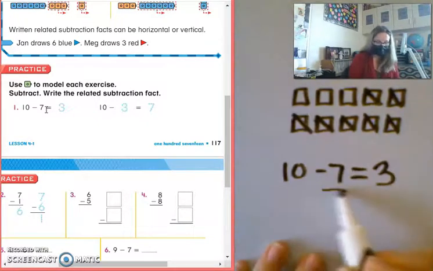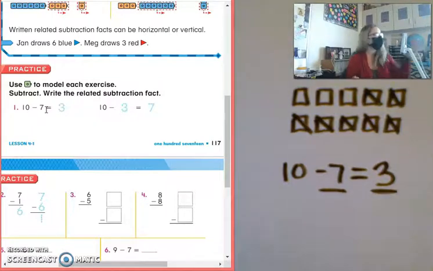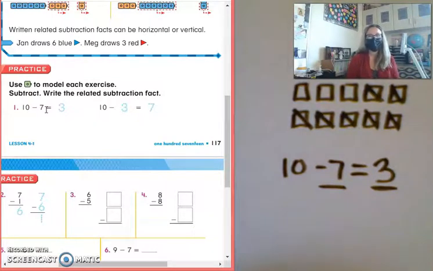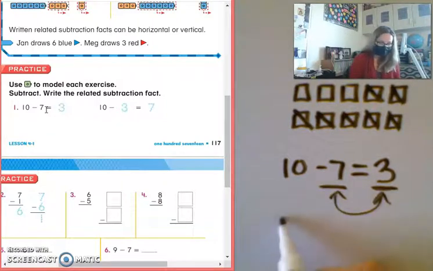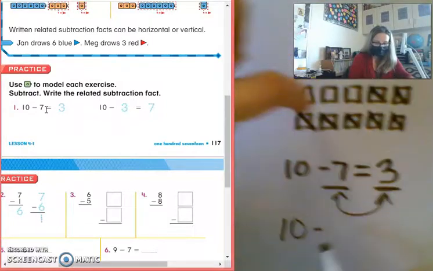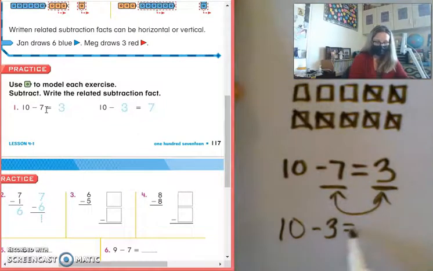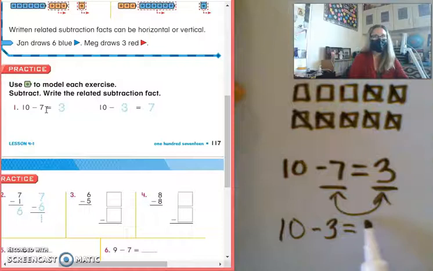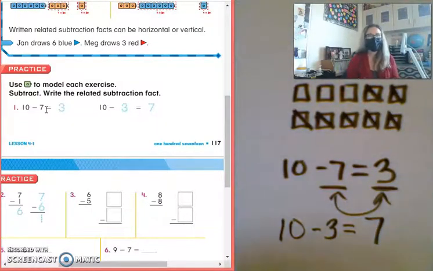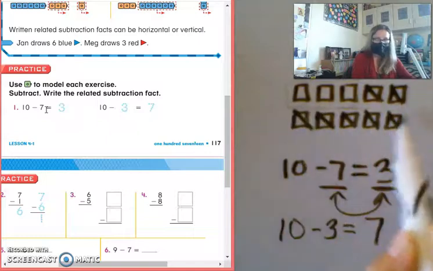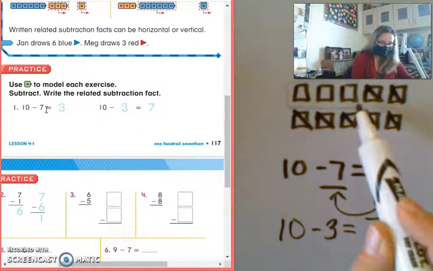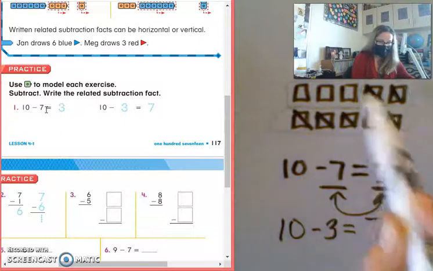So my parts here are 7 and 3. God bless you, Faith. So if I were to flip-flop these two numbers, I could say 10 take away 3 equals 7. I can flip-flop the 7 and the 3 because it doesn't matter if I'm taking away these 3 and leaving the 7, or if I'm taking away these 7 and leaving the 3.